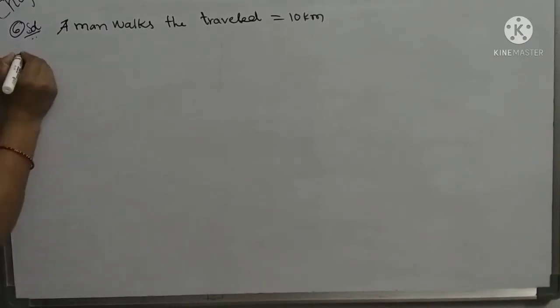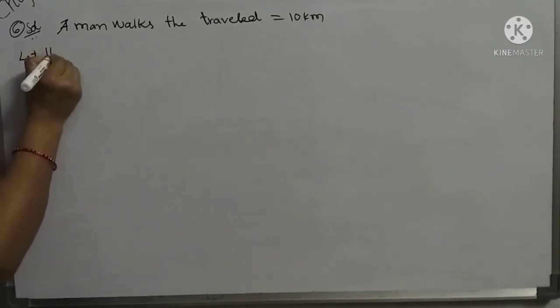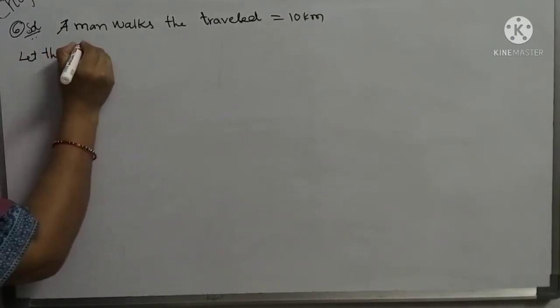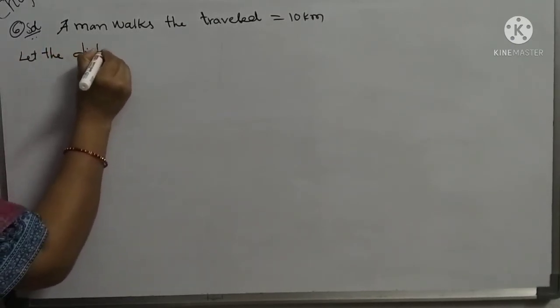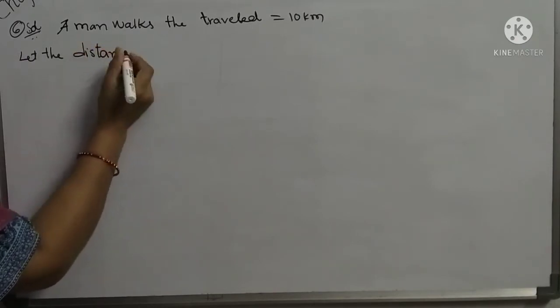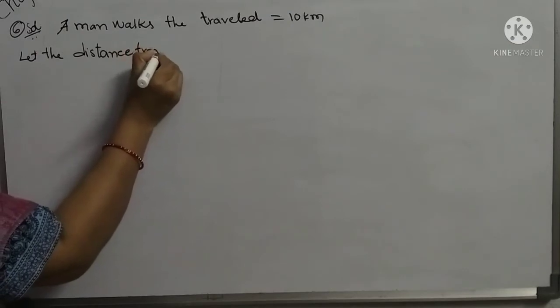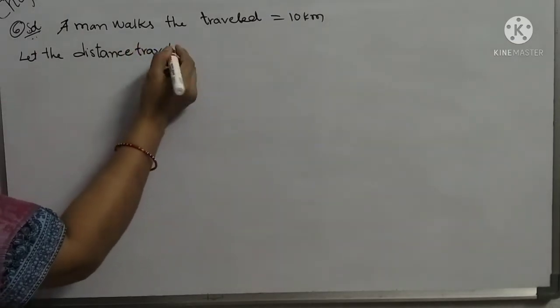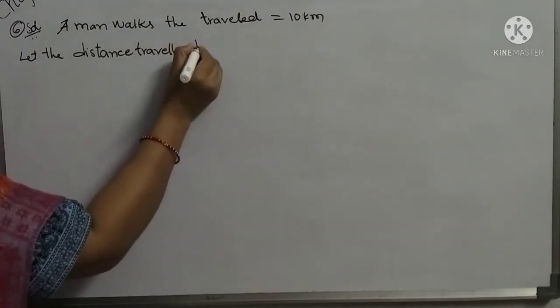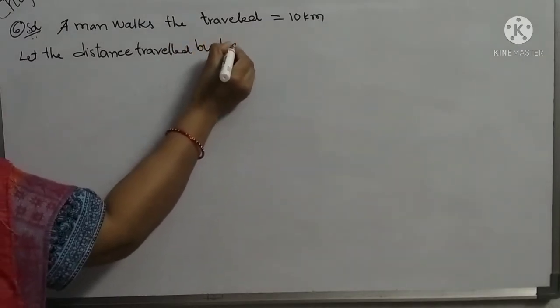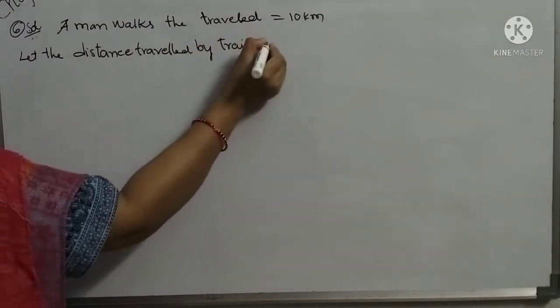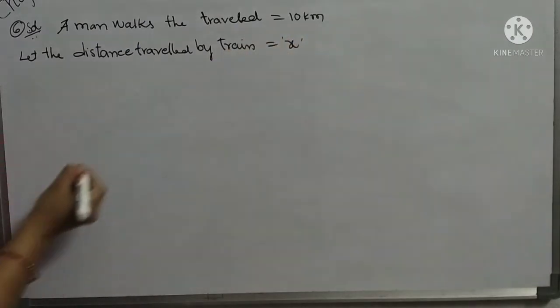So let the distance travelled by train equal x. Okay.